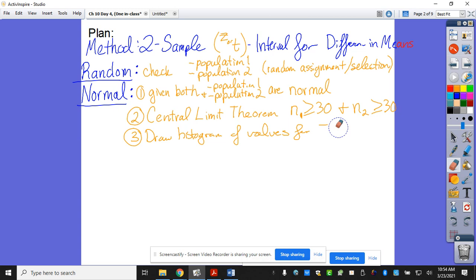Everywhere I've written population 1 and population 2, would it make sense to write population 1 and population 2 here? I don't mind you writing that, but what would be the better way to write it? There's something that's wrong with it. These histograms of values are my what?